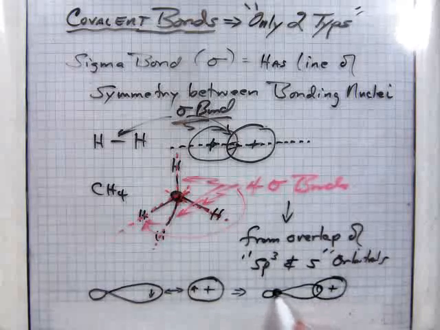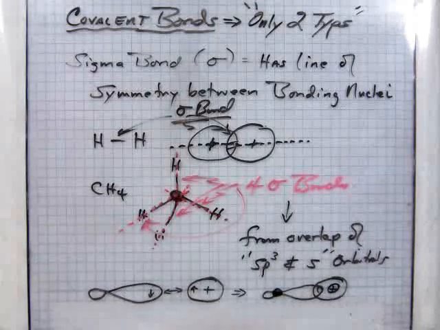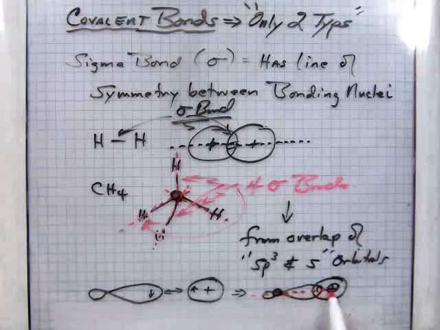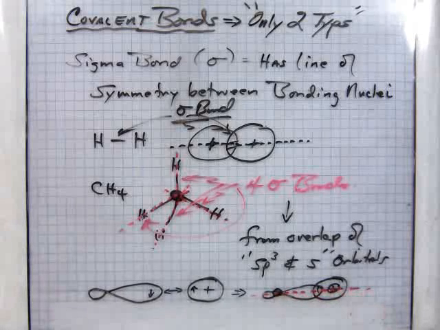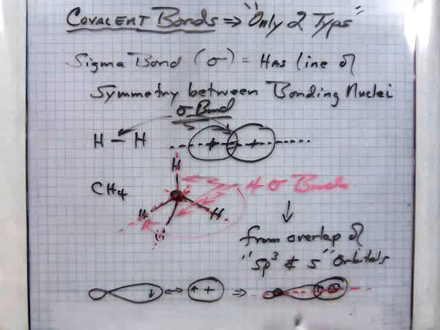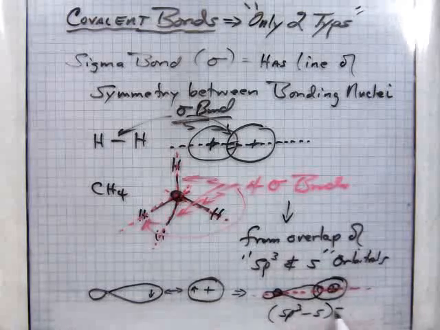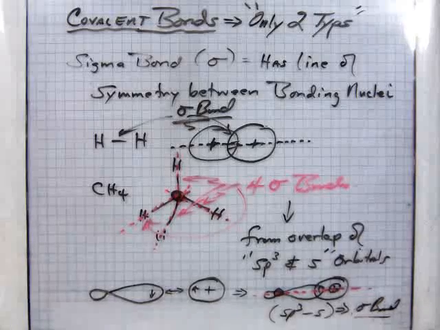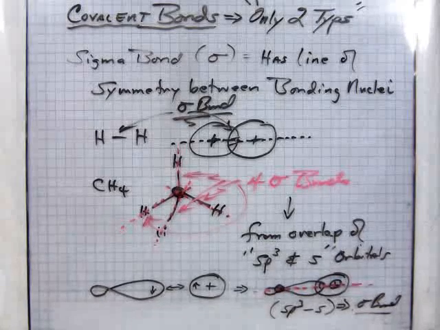And then, of course, you'd have the other nucleus over here. And then if you check the symmetry, you'd find that a line would go through both nuclei, and that would be a sigma bond. An sp3 bonded to an s is a sigma bond. So that's what the nature of this is.